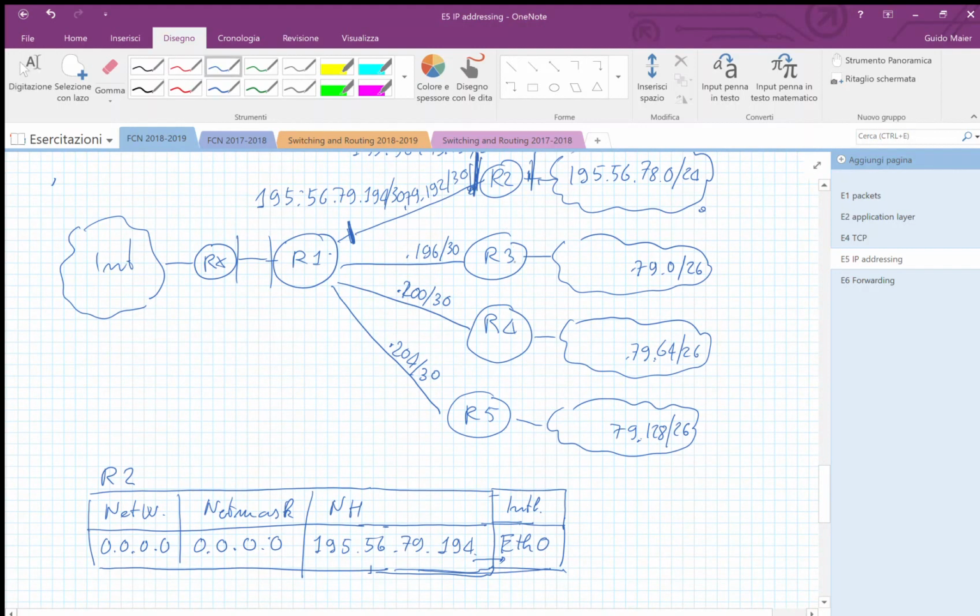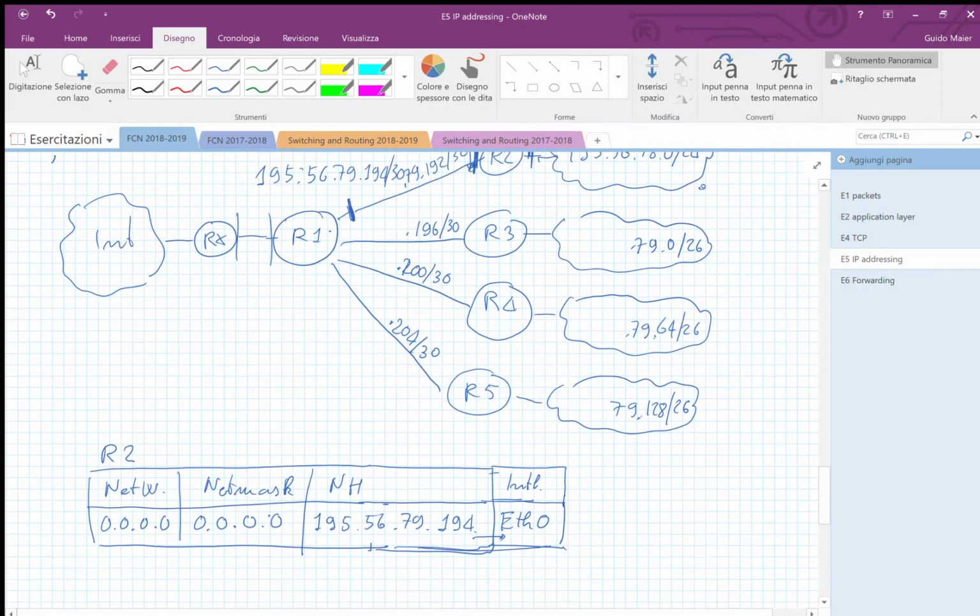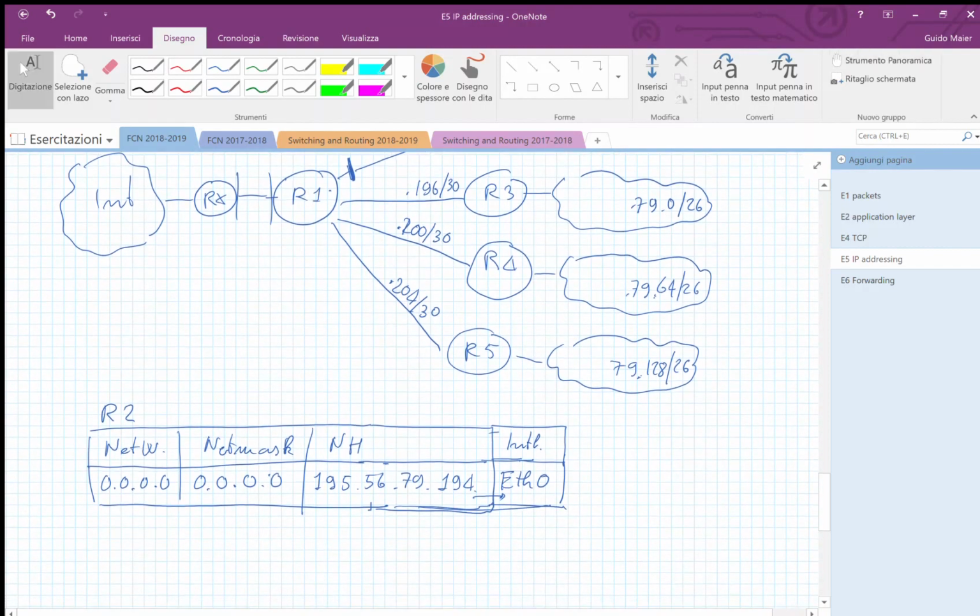All the routing tables of R3, R4, and R5 are very similar, so I don't write them explicitly. They will always only contain the default entry, okay? Because each of these networks has a single output exit, let's say.